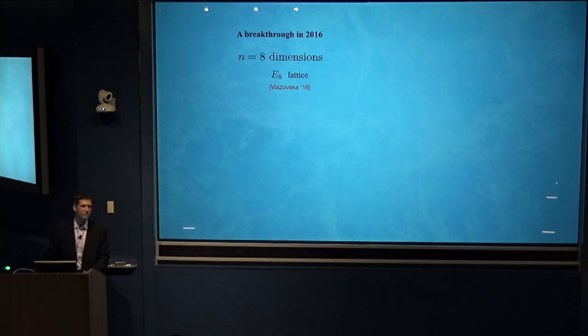In 8 dimensions, the densest packing of spheres is something called the E8 lattice, which I won't try to draw. I can't draw pictures in 8 dimensions. But it's a fascinating arrangement that had been studied before.